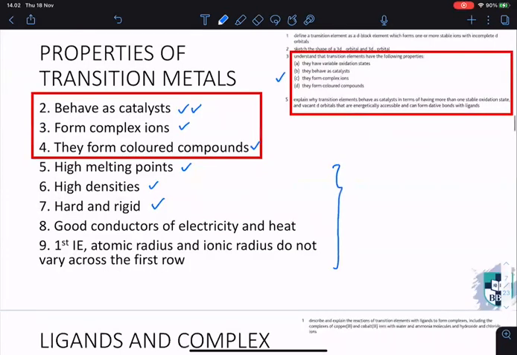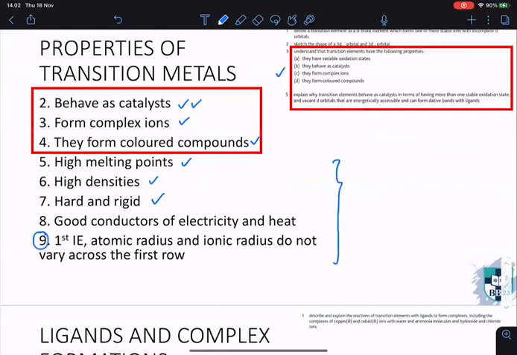But the only thing over here that I want to explain more is first ionization energy. I will answer the chat in a while. For the first ionization energy, generally, if you go across the periodic table, we have learned that the atomic radius will become smaller and smaller. Why? Because the proton number increases and the number of shells remains constant.